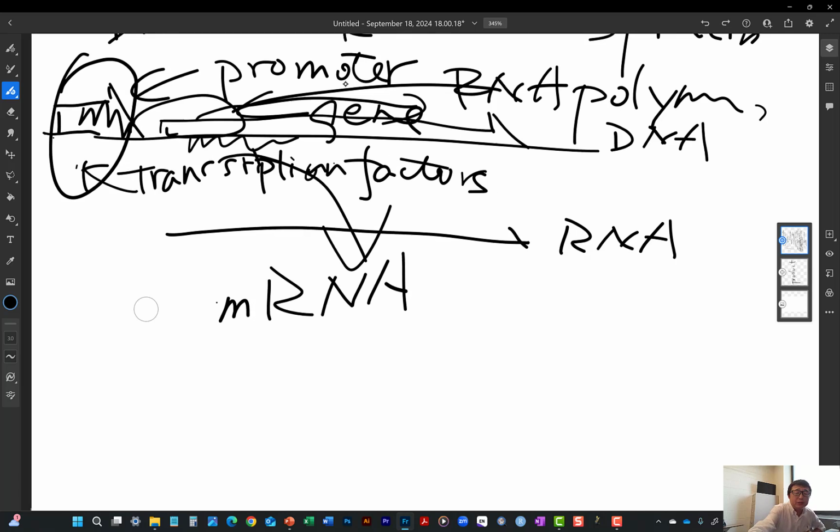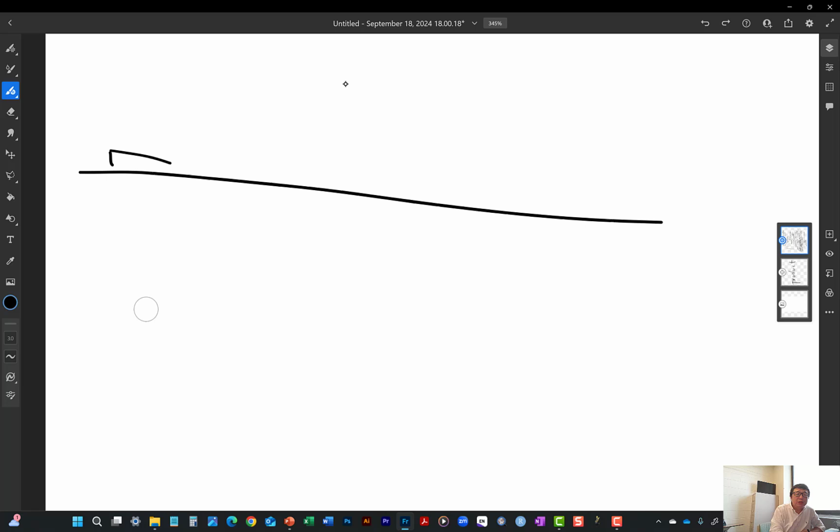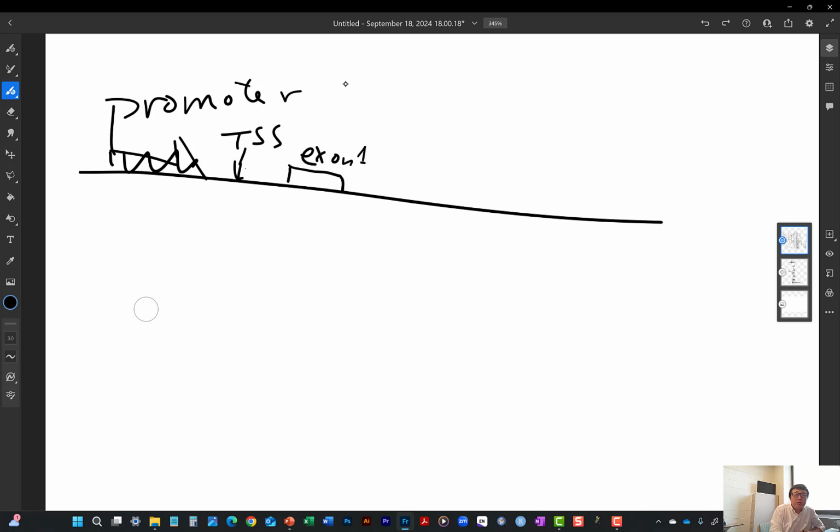Next, how is the gene located in the genome? First, again, this is the promoter. And this one is the TSS, the transcription start site. From the TSS here, this is the first sequence that really codes a protein, and then another one.